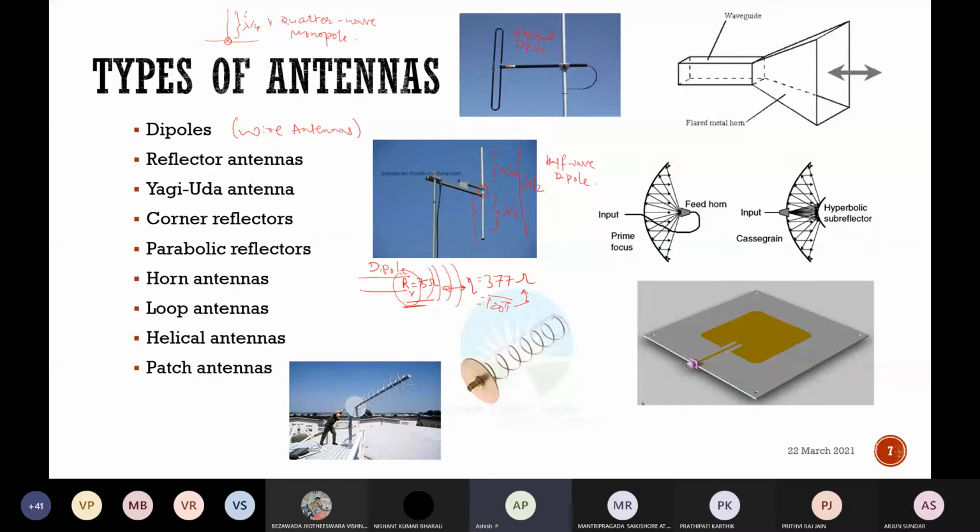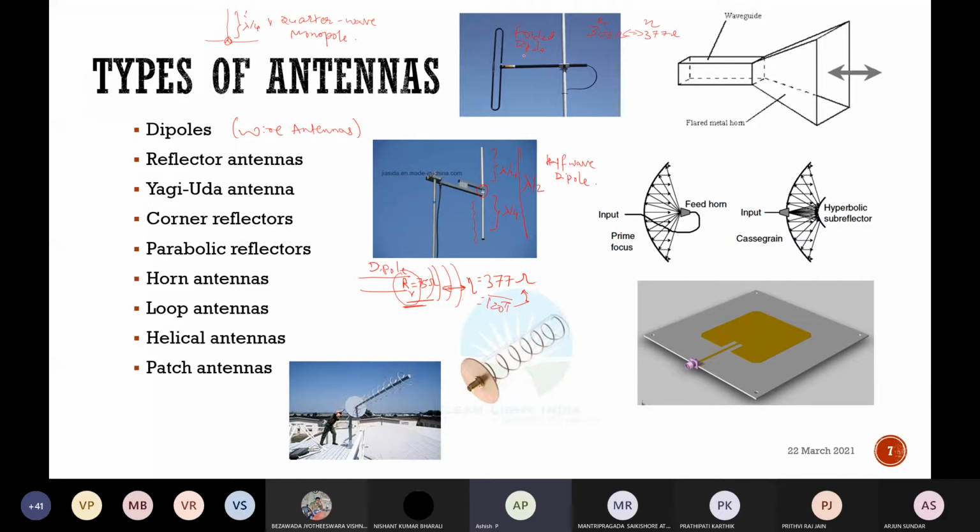And suppose you have 2 into 75, slightly they will get better performance. So suppose you have 300 ohms as the radiation resistance, and free space impedance does not change, it is always 377 ohms. So it's a better match compared to 75 ohms and 377 ohms. Therefore the folded dipole has better radiation efficiency.